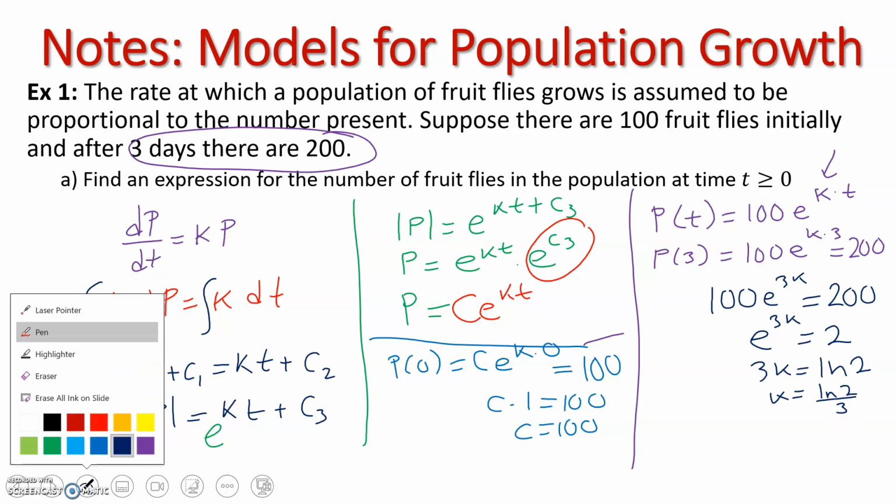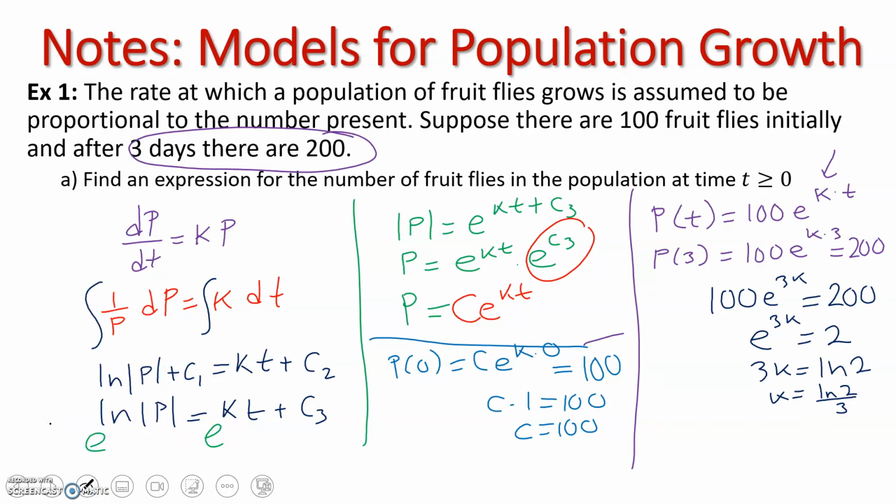Now, plugging this information back in, we get that P of t is equal to 100 e to the ln of 2 over 3 times t. Noting here that this can be simplified.